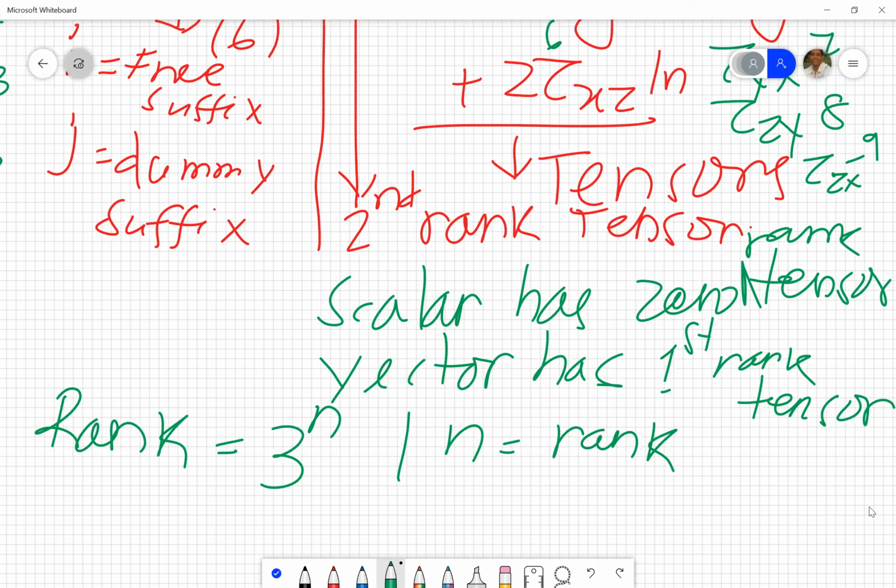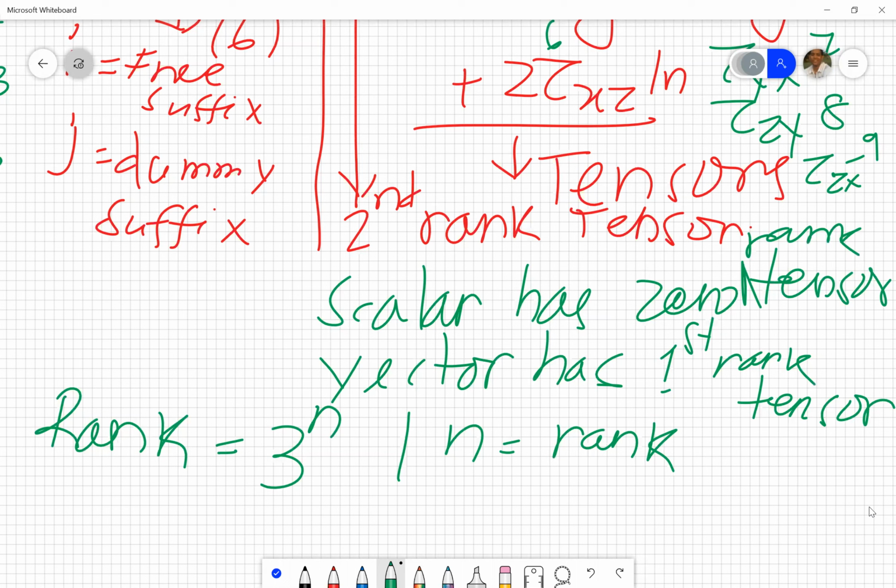Similarly, if we put n equal to 2, the number of components will be 9. So to specify stress we need 9 quantities, so stress is a second rank tensor. In that format we show the ranks of the tensors.